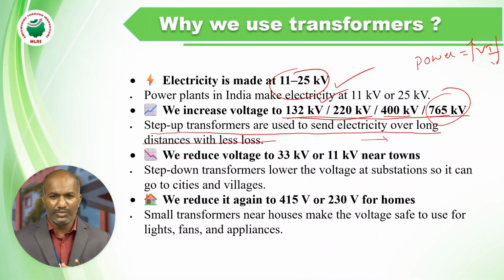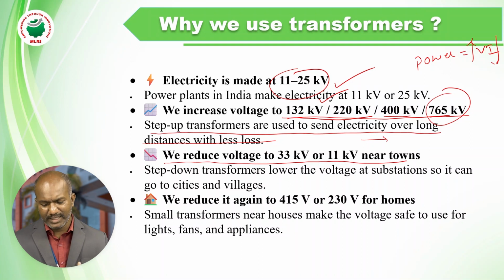So transformers which raise the voltage level are known as step-up transformers. Transformers which decrease the voltage level are known as step-down transformers. So at what level are we reducing the voltage? See, we reduce the voltage to 33 kV or 11 kV near towns.